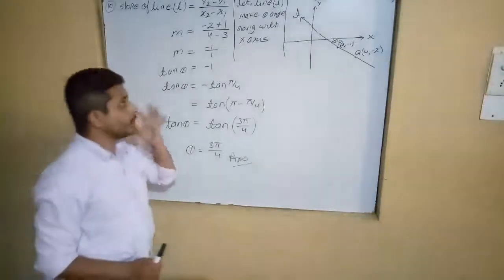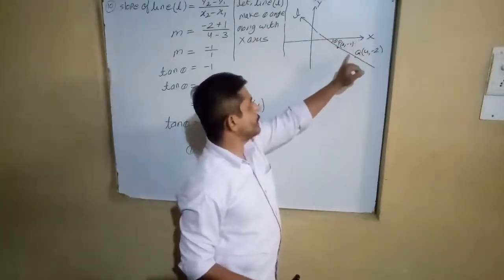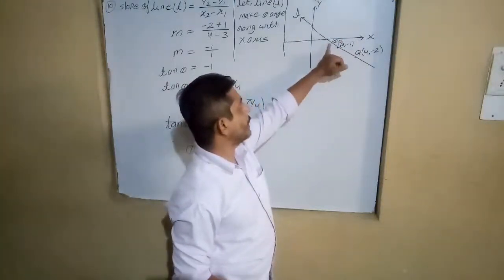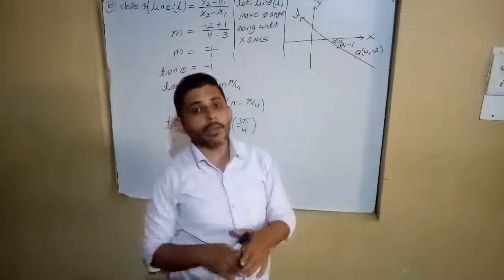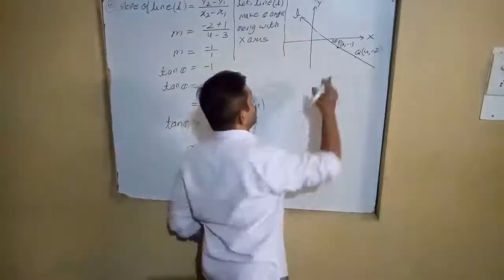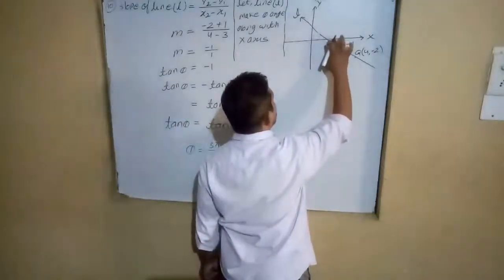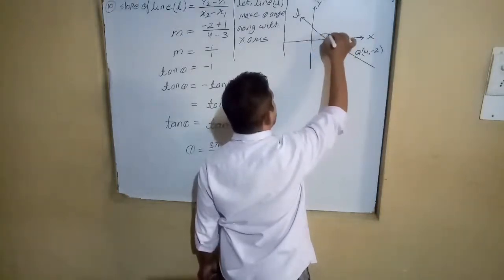If I get confused about how to find the angle between the x-axis and this line, the angle that any line makes with the x-axis is called theta. So this is theta. We always take theta in the anti-clockwise direction.